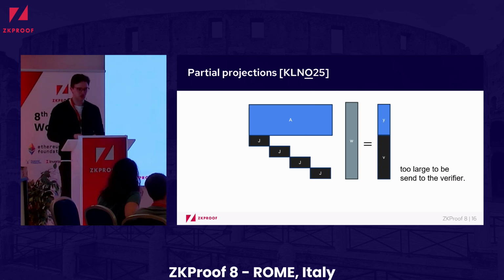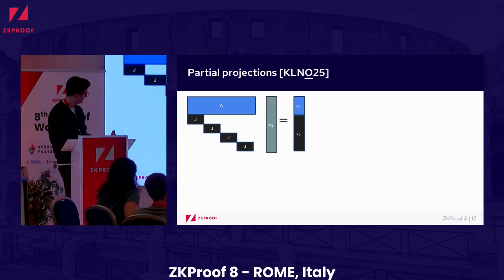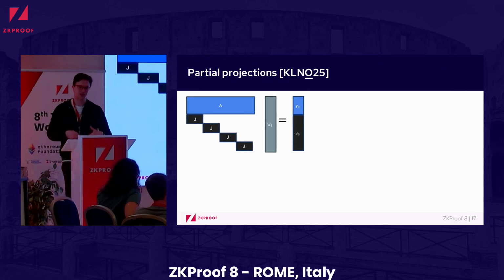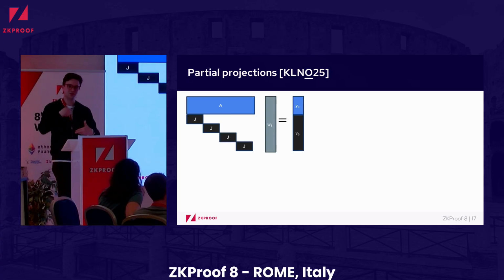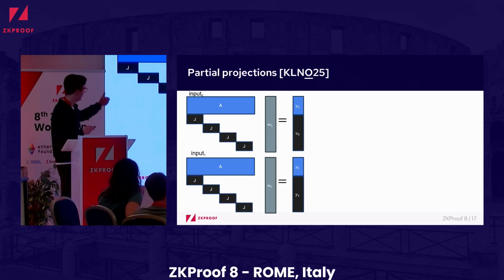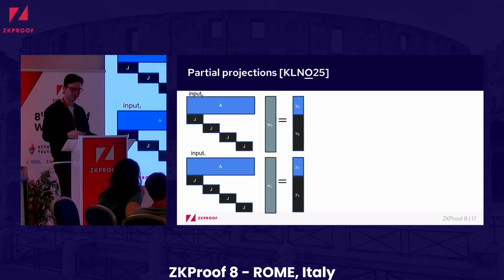Now, assuming that this Johnson-Lindenstrauss projection reduces only by some constant factor, the projection is very large. But the idea is that instead of having one relation, we look collectively at many relations, so that we don't fold one relation, we fold L many relations, for example, two of them.